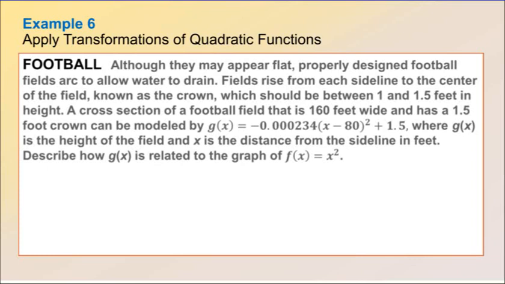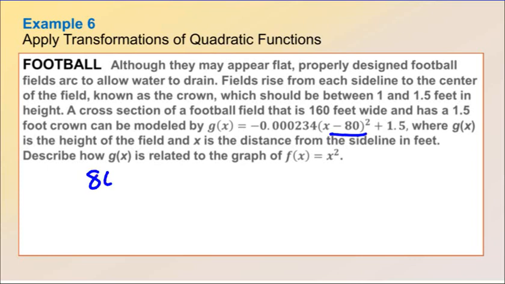A cross section of the football field that is 160 feet wide and has a 1.5 foot crown can be modeled by g of x equaling -0.000234 times (x minus 80) squared plus 1.5, where g of x is the height of the field and x is the distance from the sideline in feet. Describe how g of x is related to the graph of f of x equaling x squared.